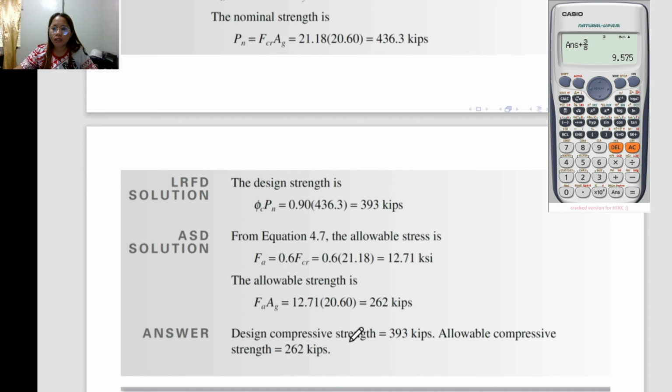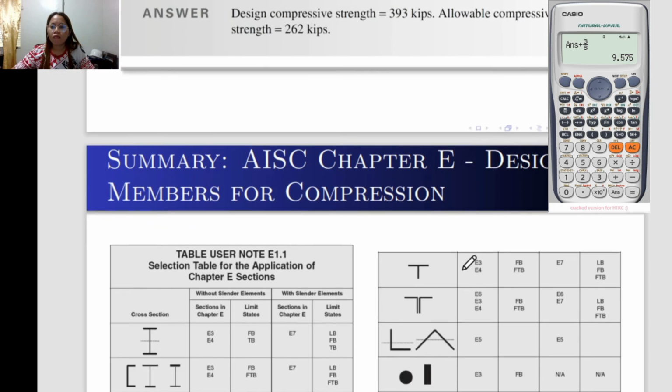Therefore, the design compressive strength, this is for the LRFD solution, and from the ASD solution, the allowable compressive strength is 262 kilopounds. So, their answers for LRFD and ASD solution are not the same.